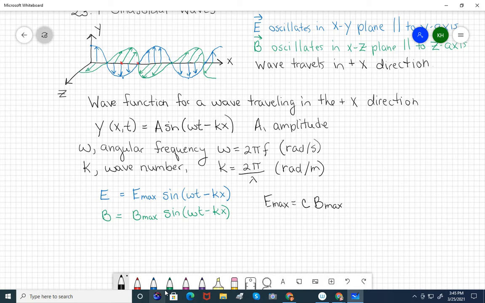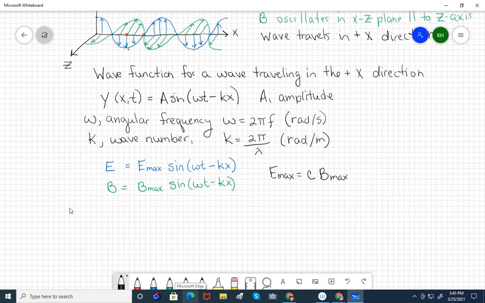Another interesting relationship that we can get just by looking at the wave number and the angular frequency is if we look at omega divided by k. Omega is 2 pi f. K is 2 pi over lambda. But you'll recall from your middle school days that if you divide by a fraction, that is like multiplying by the reciprocal.